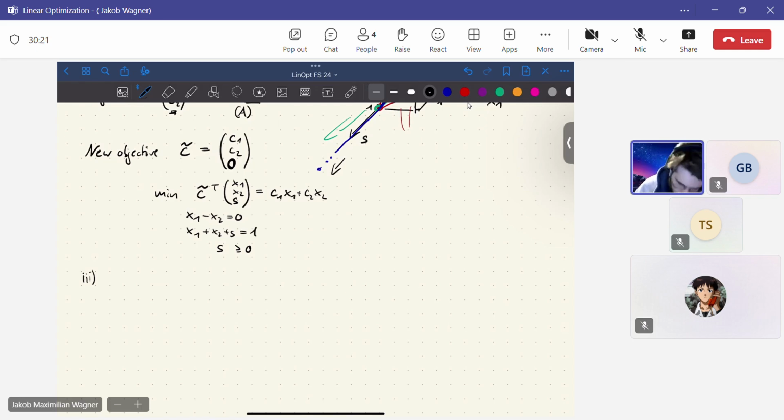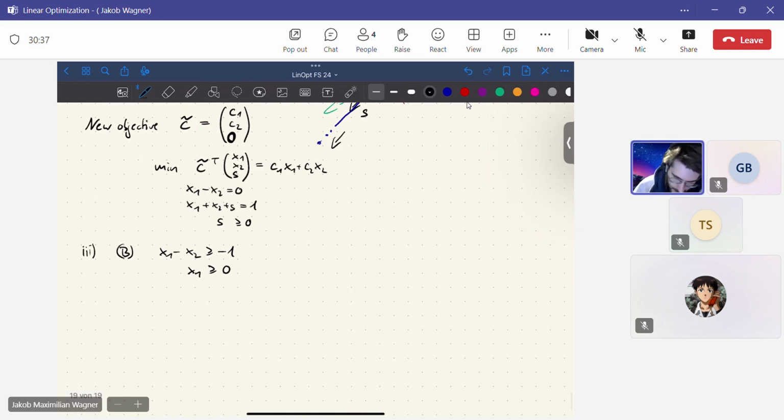Yeah, so let's have a look at part B. There we have x1 minus x2 is greater or equal than -1, and we have x1 is greater or equal than 0. Our goal is now to also have positivity constraints for this variable x2. Obviously, we don't have this in this formulation.